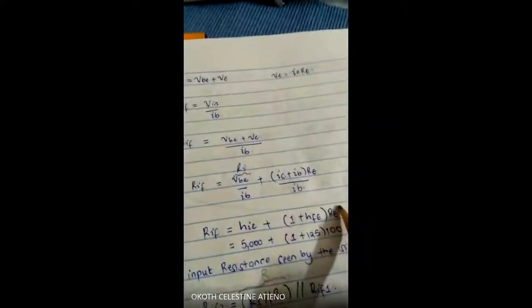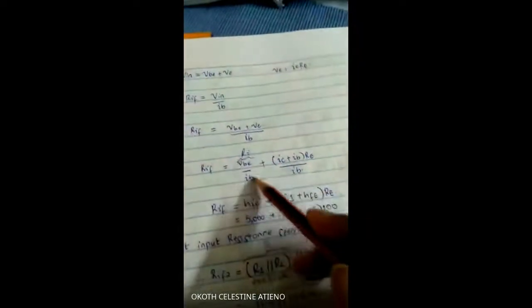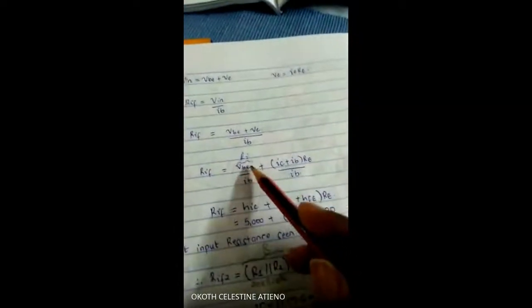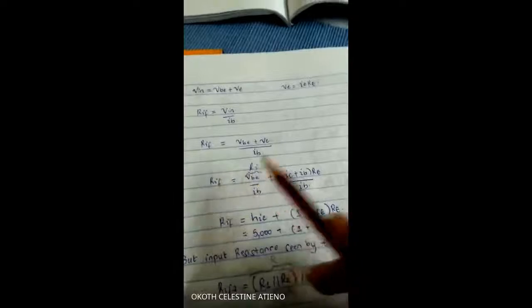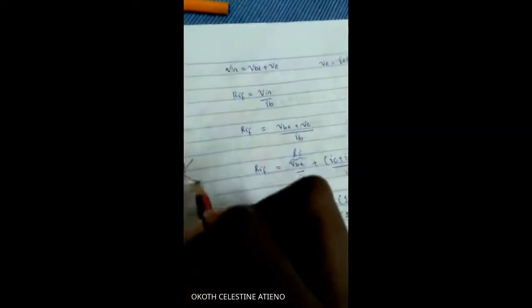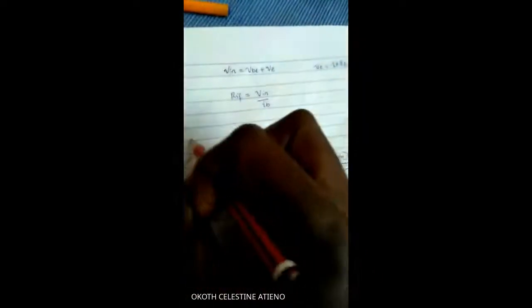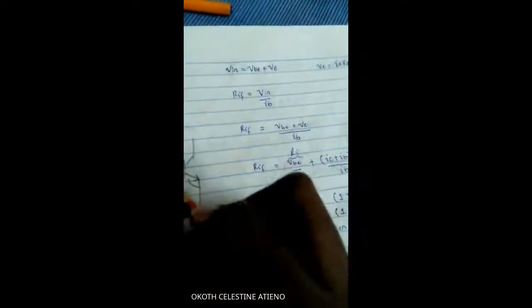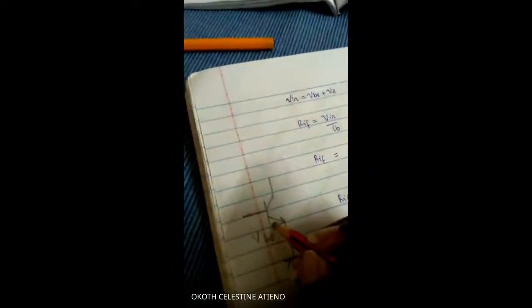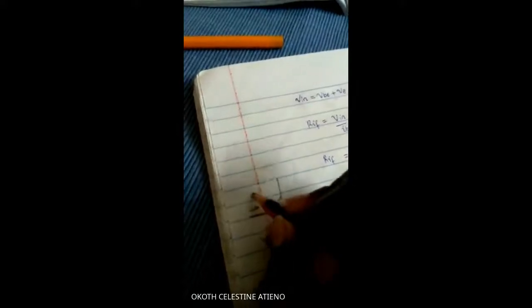So this is what I've basically expressed till here. Again, we remember that input resistance without feedback is VBE over IB, because the capacitor is there. So we only have VBE and we have IB.